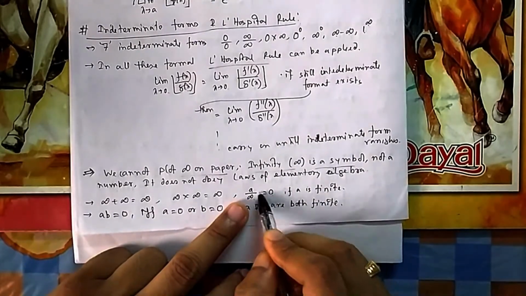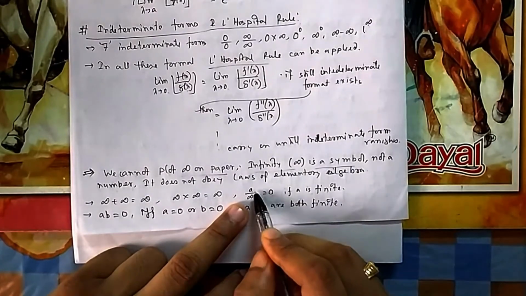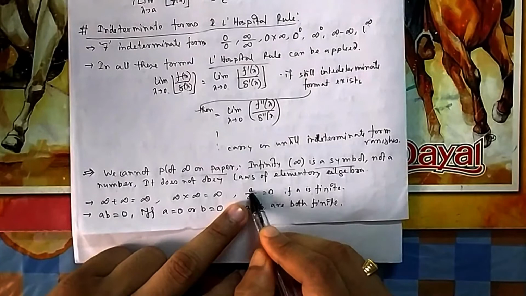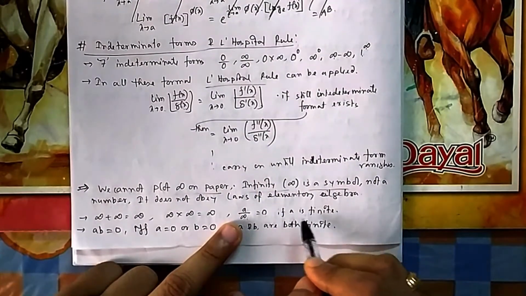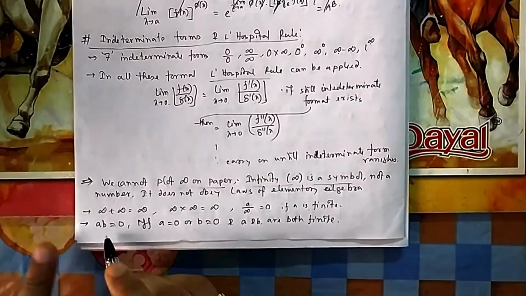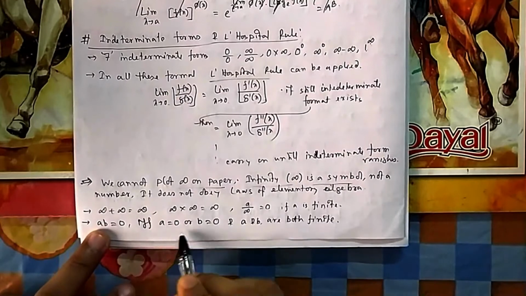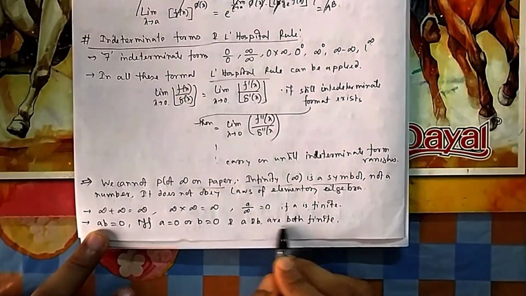If A is finite, then A by infinity is 0, because 0 by something is always 0. But if A is 0, then 0 by infinity is undefined; that is not an indeterminate form, it is undefined. Suppose the product of two numbers is 0, so either A is 0 or B is 0 or both are 0, that can be possible, but A and B both should be finite.